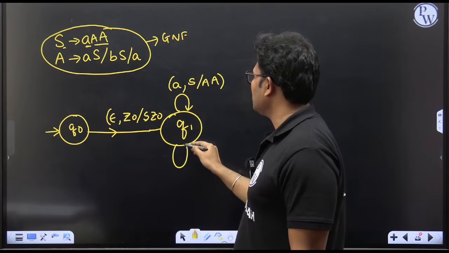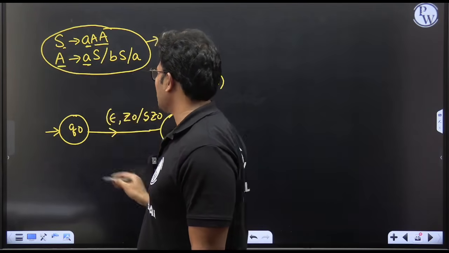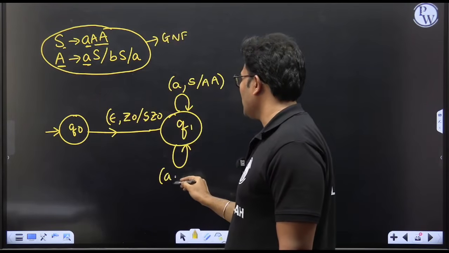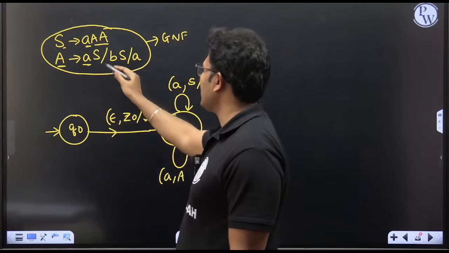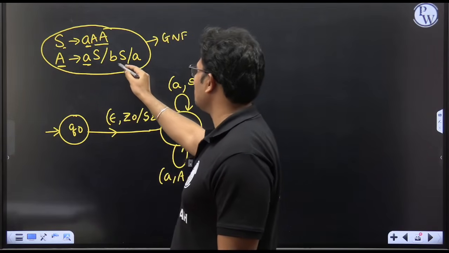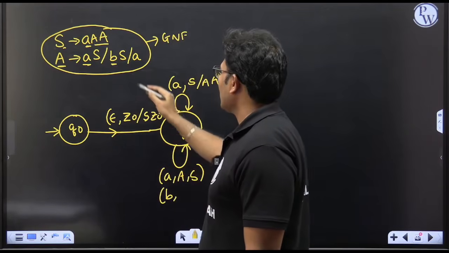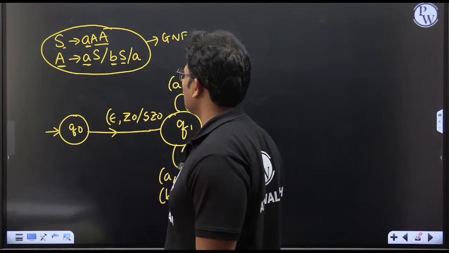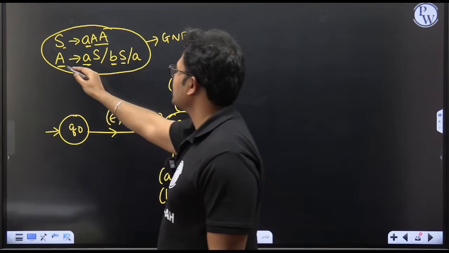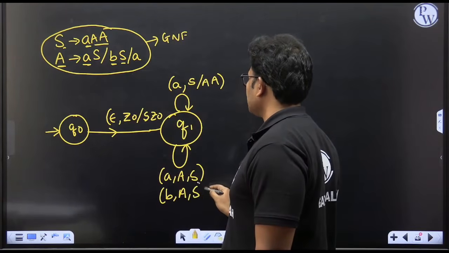Similarly, if input is small a, top of the stack is capital A, replace it by S. If input is small b and top of the stack is A, replace it with S, right?